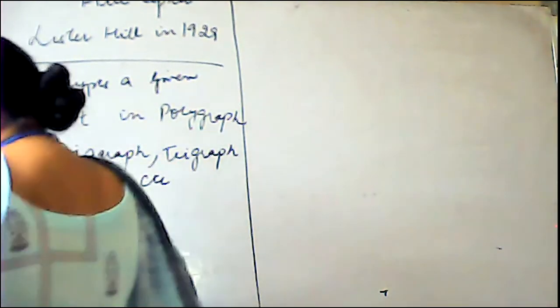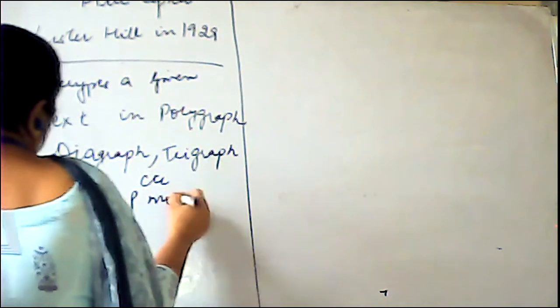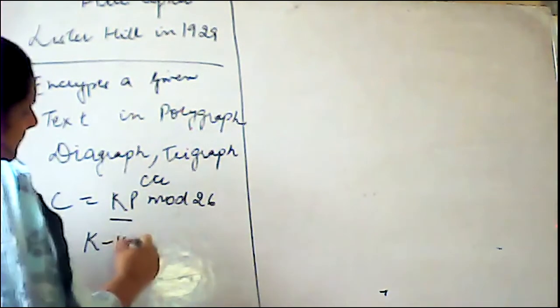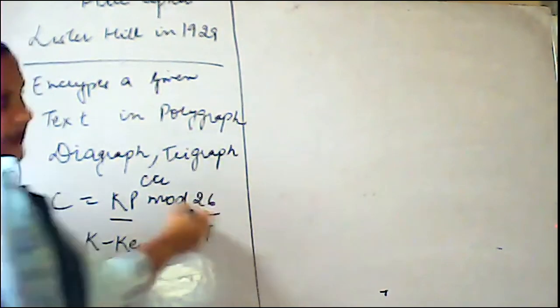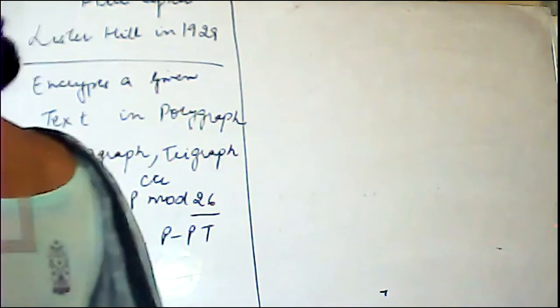Same formulas which we did in Caesar cipher will apply here. That is C is equal to KP mod 26. K is my key, P is my plain text, and mod 26 because we have 26 alphabets in English. Okay.